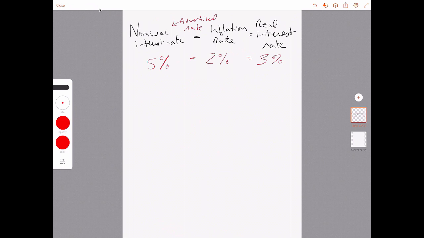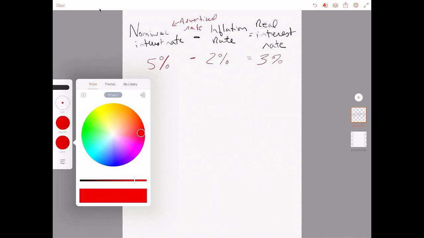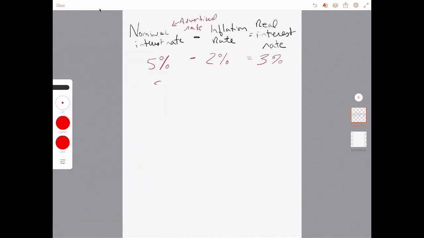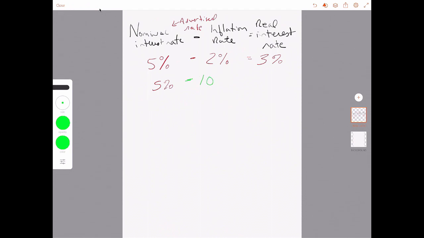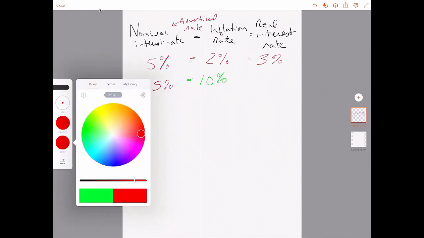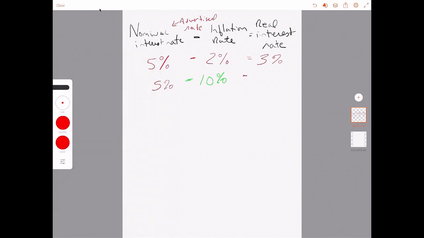But what happens if inflation is unexpected? So we start off with a 5% interest rate. What happens if, say, inflation is unexpectedly high? Let's say it's 10%. Well, if that's the case, when the bank lends money at 5%, prices go up by 10%.